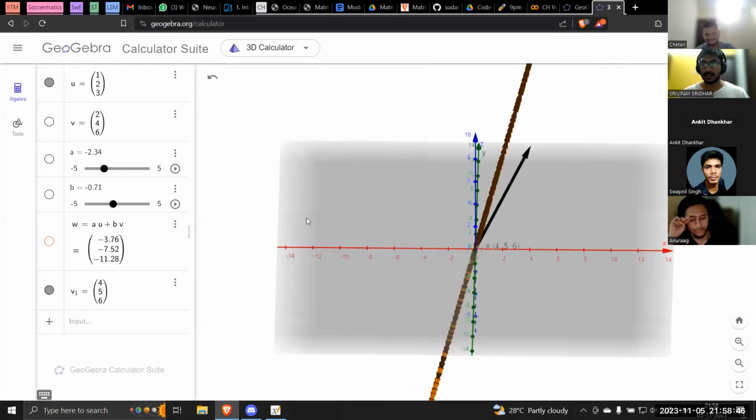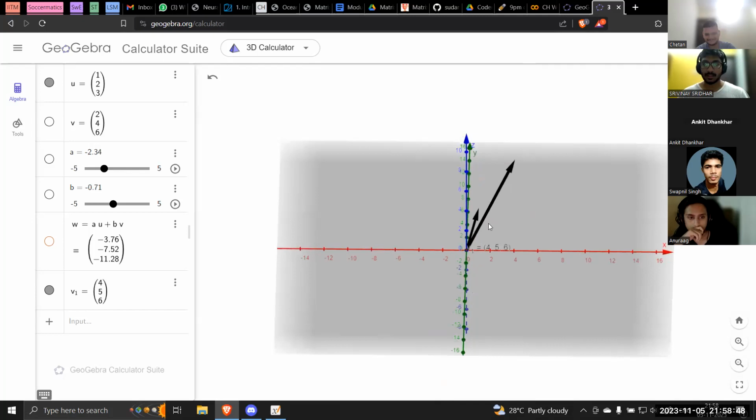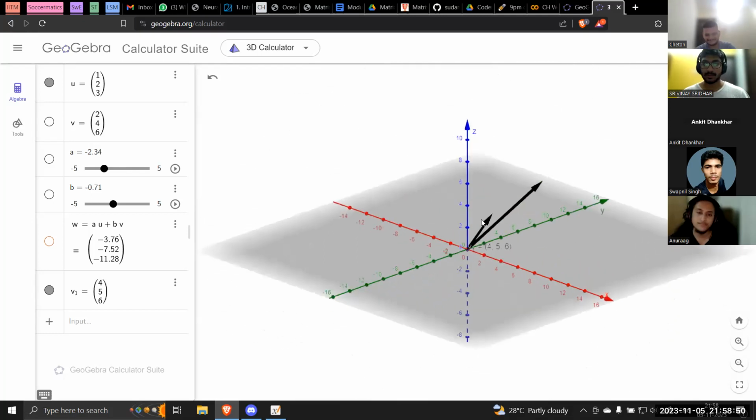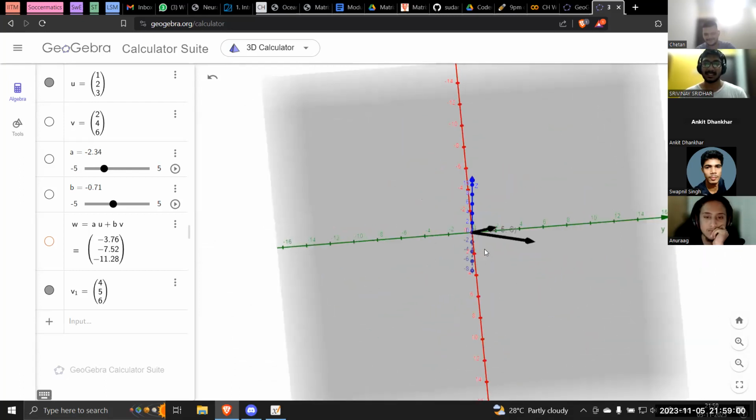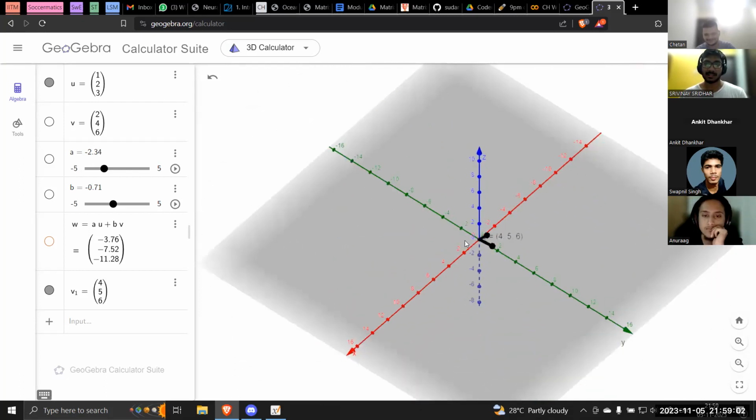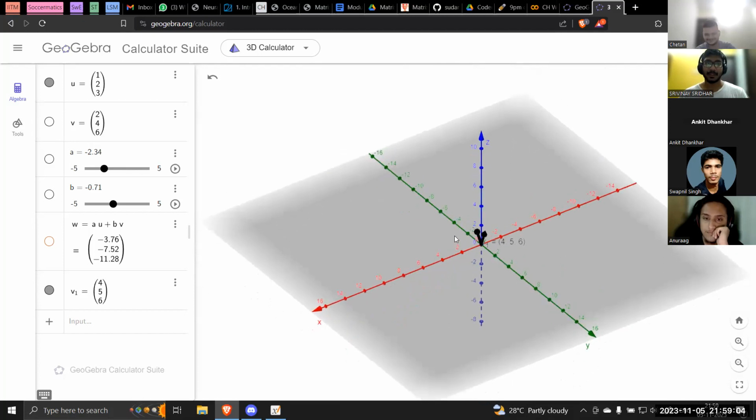Now this vector, if I only look at it compared to the vector 1, 2, 3, I see that it's not lying on top of each other, right? Compared to 2, 4, 6, 4, 5, 6 is somewhere else. It's not in the same direction as 2, 4, 6, right?